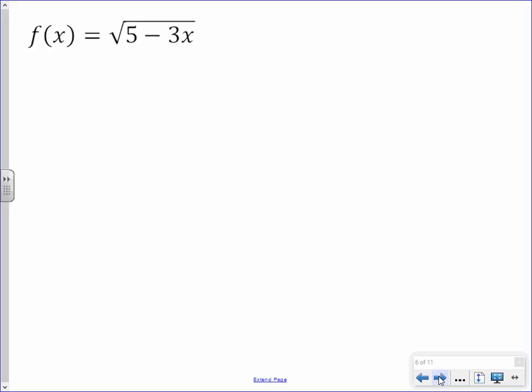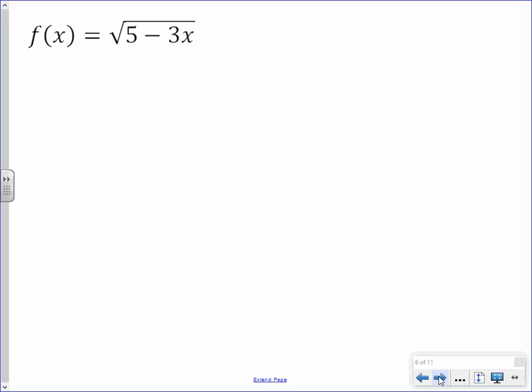Can we break that square root apart? If there's addition or subtraction, you cannot break apart the radical, okay? We can only break apart a radical with multiplication and division, okay? So this is a composition because we have a linear function inside of a square root function, okay?